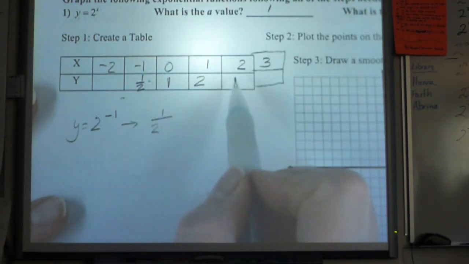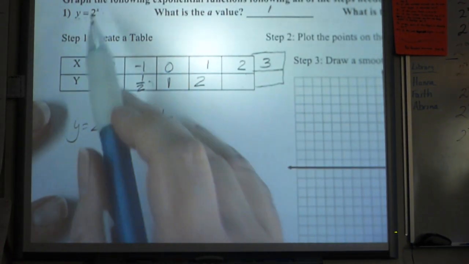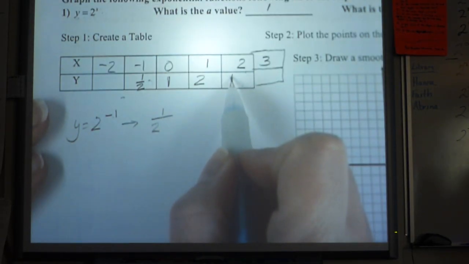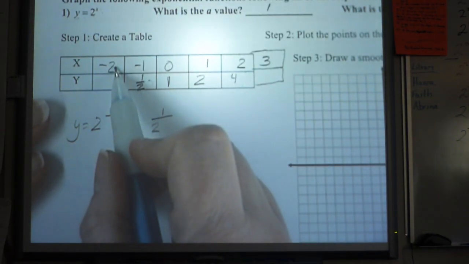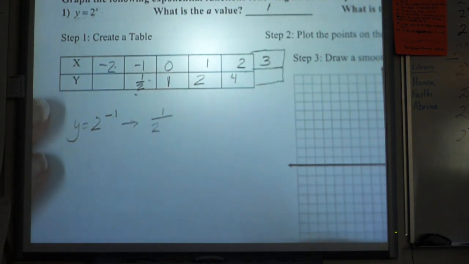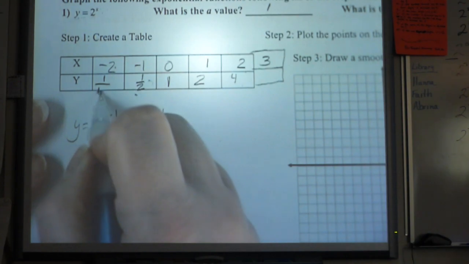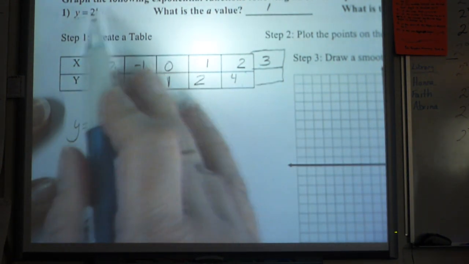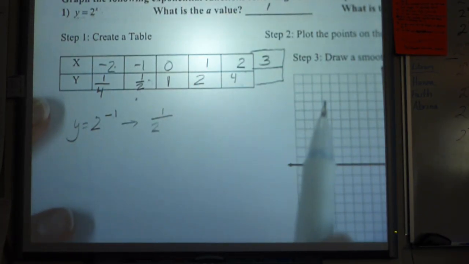All right, what about if x is positive 2? I will have y equals 2 to the second power. What will that be? 4. And then if x is -2, I have y equals 2 to the -2nd power. What will that equal? 1/4. The reciprocal. Good. Okay, and if x is 3, y equals 2 to the third power, which is 2 times 2 times 2.